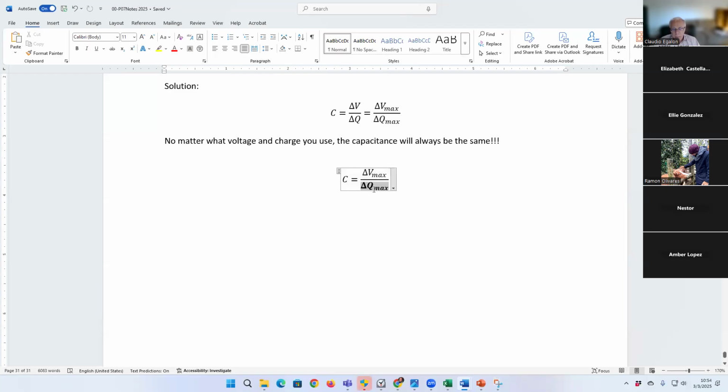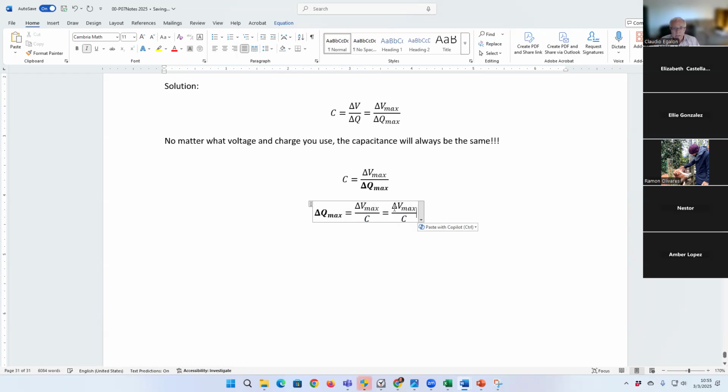So I'm bold facing it for you. That's what we want to find, right? I'm going to copy this equation again and paste below. Delta Q is going to go to the left side, and the capacitance is going to go to the right side, right?